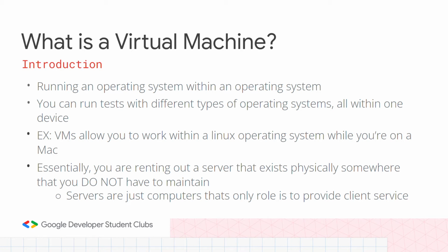A virtual machine is basically a computer inside of a computer. You can be running your own Windows operating system, for example, but in a Mac. You can also run Linux, you can run different operating systems, but that little virtual machine you're running is not aware that it's inside a computer.